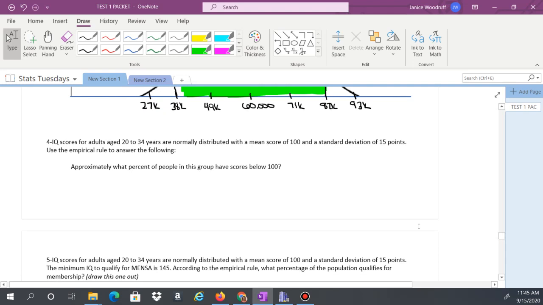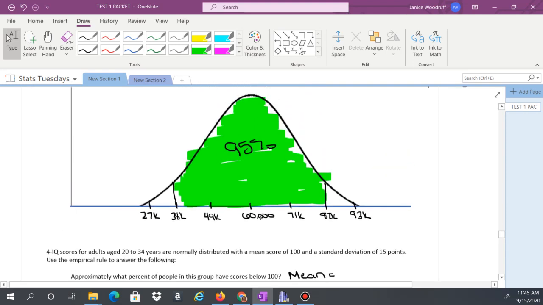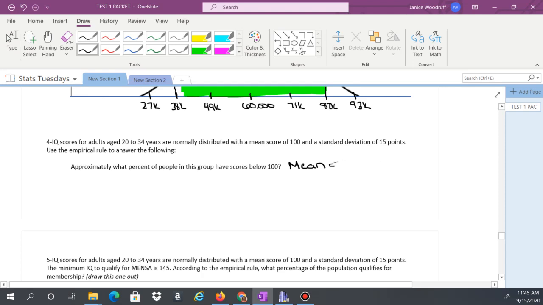Approximately what percent of people in this group have scores below 100? You don't need to draw this one out. If 100 is the mean, how many people are above? How many people are below? Come on, guys. Where's the mean here? 50-50. Good. So the mean is 50-50. So how many people have a score below 100? 50%.